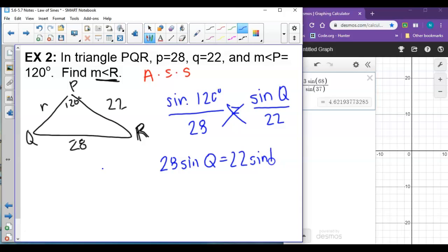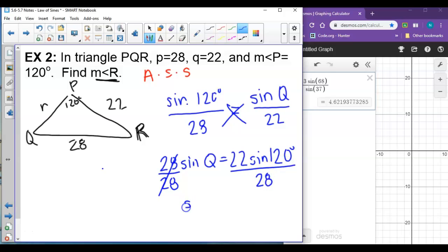And then this 22 sine 120, that's really just a number. We could type it in the calculator. I'm going to divide off this 28 right here so I can get rid of it.